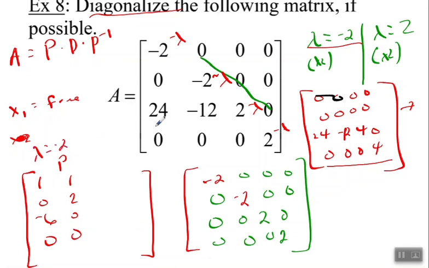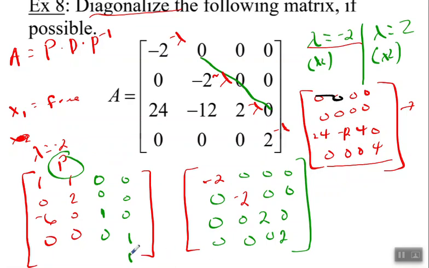When lambda is +2, the 2 eigenvectors that you get out are going to be 0, 0, 1, 0, and 0, 0, 0, 1. So that one right there I can do. So x3 and x4 are free. x1 and x2 both have to be 0. Okay, so that's what P is.